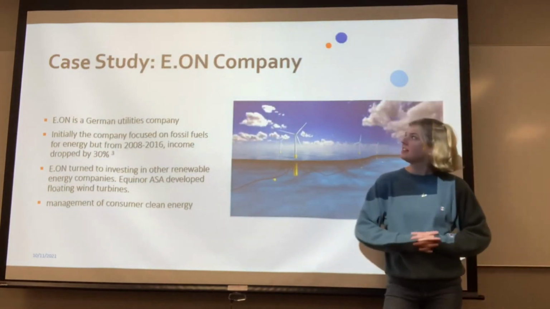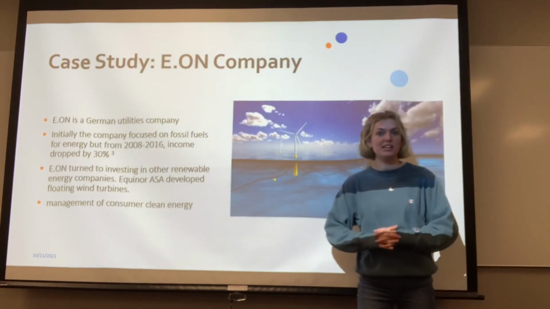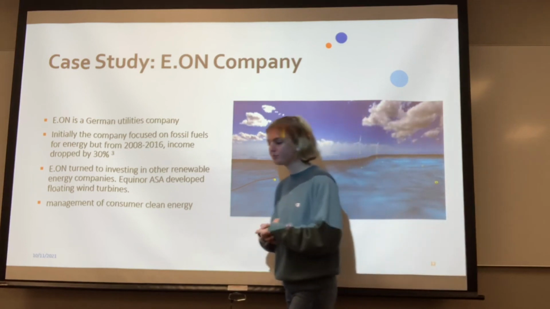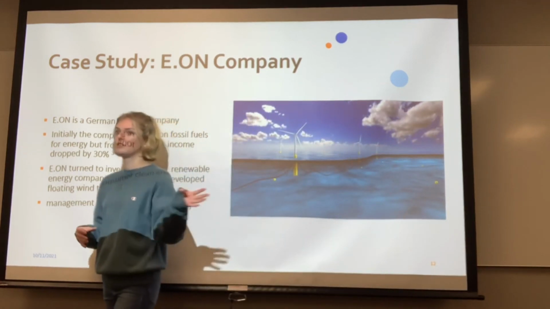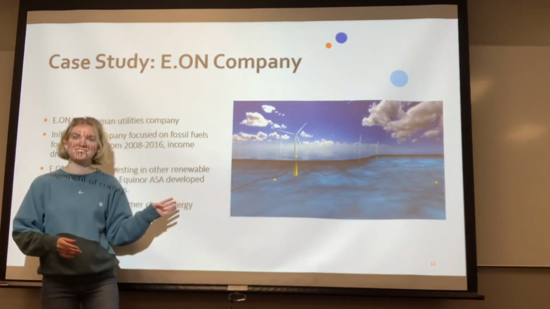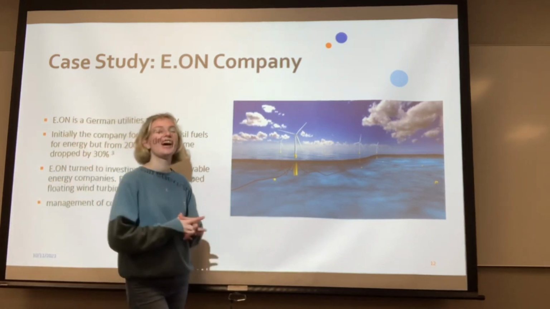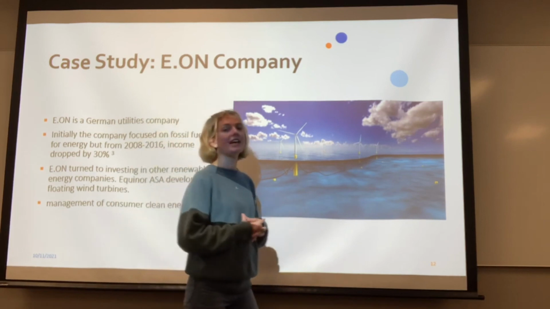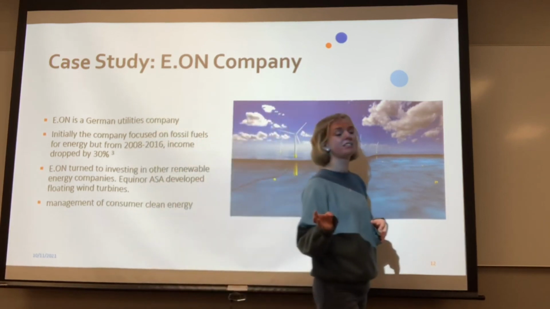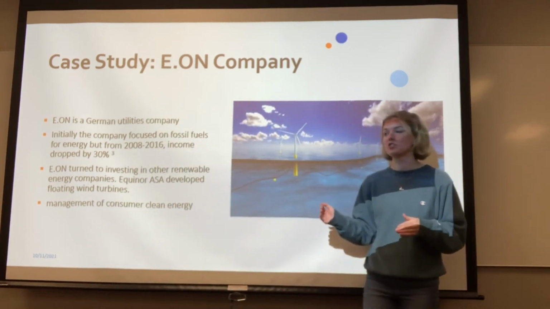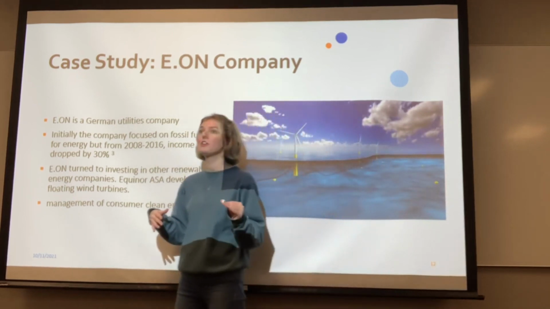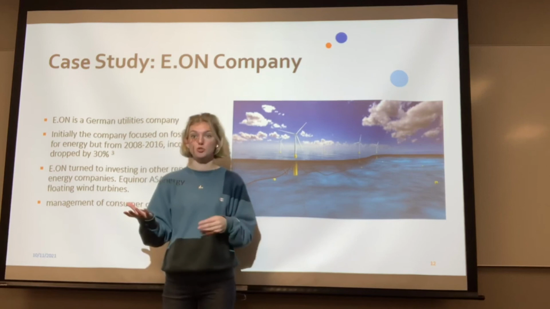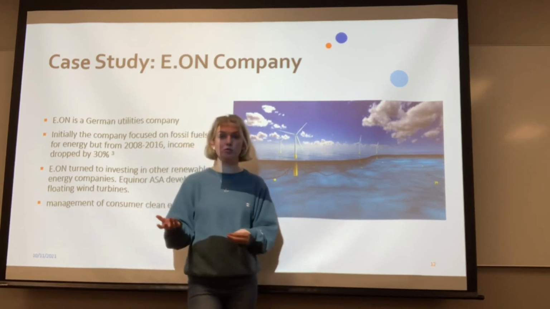A case study is the E.ON company. It is a German utilities company. Originally, they supplied millions of homes with their utilities. Between 2008 and 2016, they had a decrease of a third of their income, and this was due to renewable energy resources.